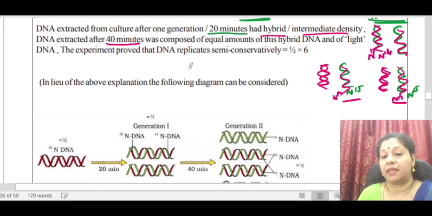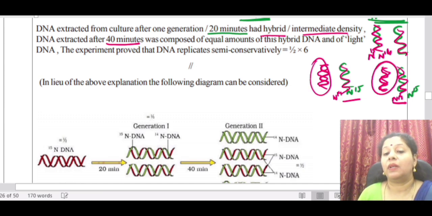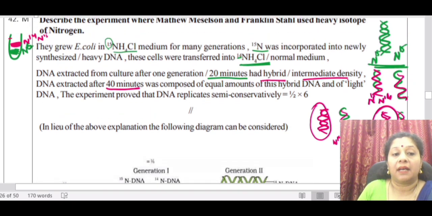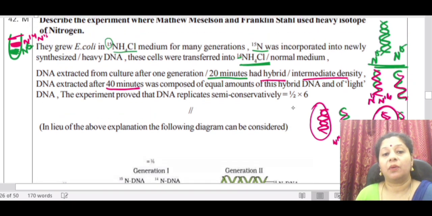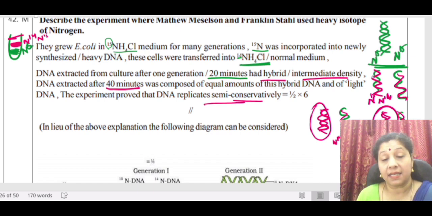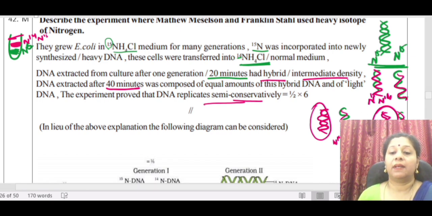That is a hybrid. But these two are new light ones. They both are light isotope, and they form a band above this, that is N14 and N14. So the experiment proved that DNA replicates semi-conservatively, meaning one strand will be older, that is conserving half of the strand, and the other one will be new.